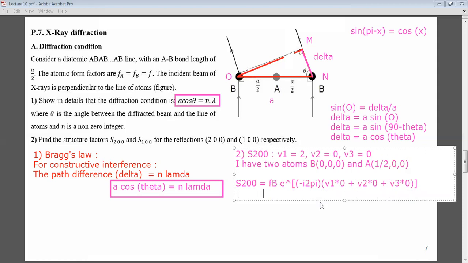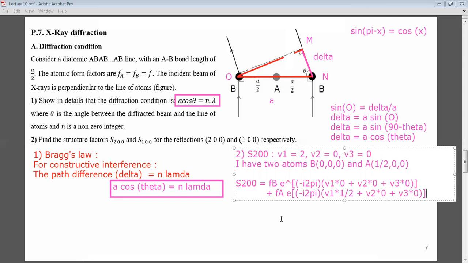And then I have, from the second atom, FA, and this will be e to the same thing, minus I 2 pi multiplied by V1 times half plus V2 times 0 plus V3 times 0.